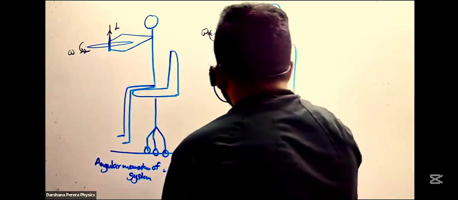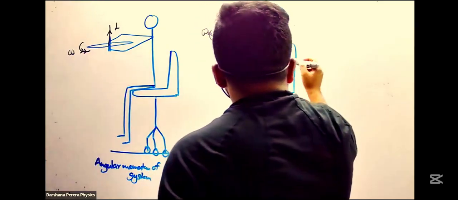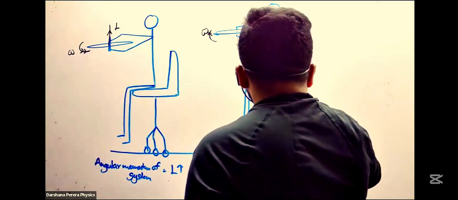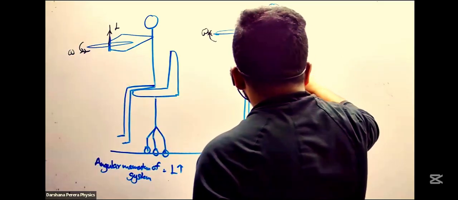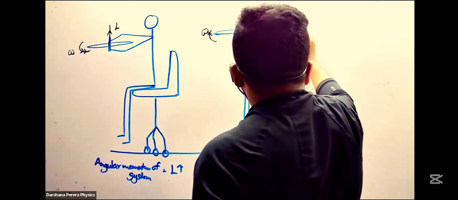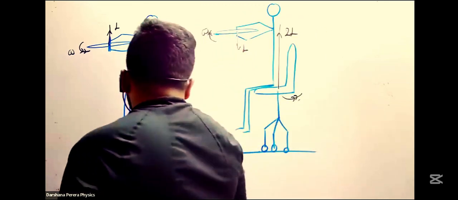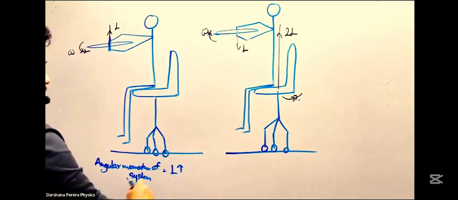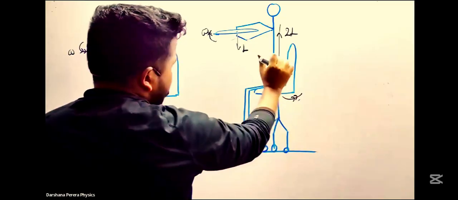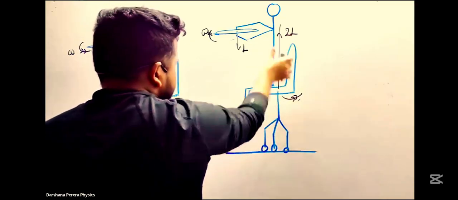Because of that, this chair rotates in this direction, keeping the angular momentum constant. So the chair should rotate having 2L in the upper direction.